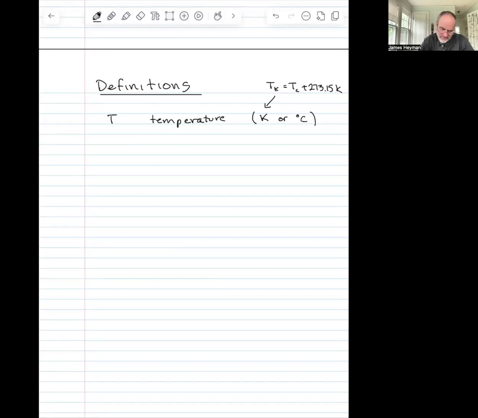The second variable is the heat energy, which we'll call Q. Heat is a form of energy. And so when we want to describe the amount of heat energy that an object holds, we'll use Q. And Q has units of joules.